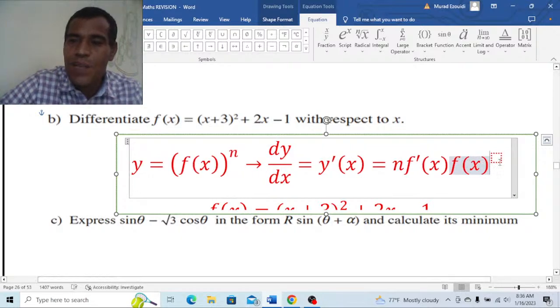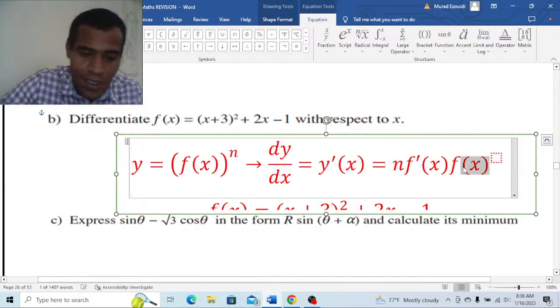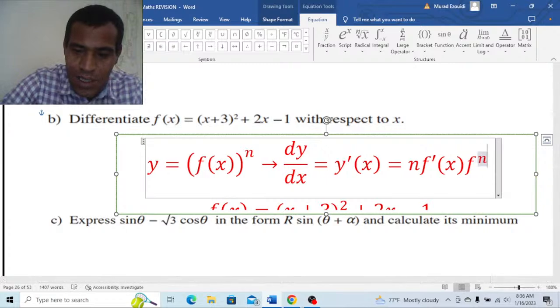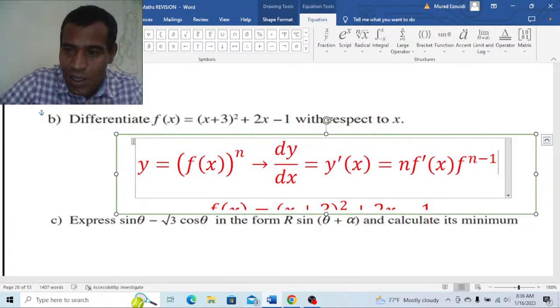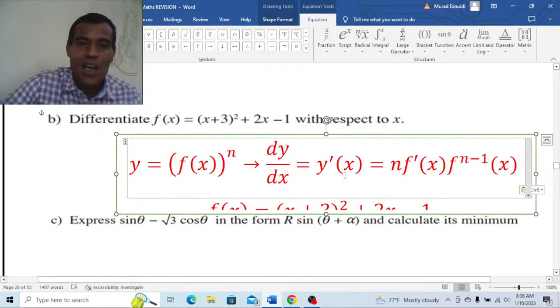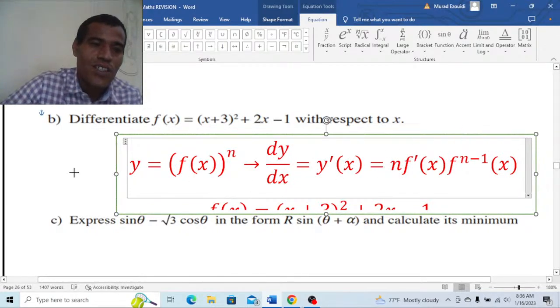This is the formula that I will use, in general, to differentiate a function like that.